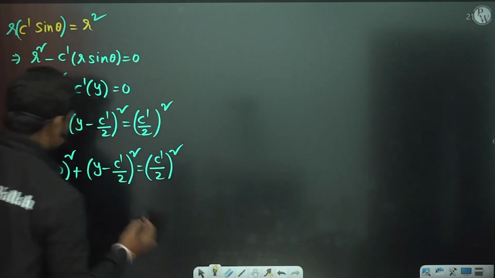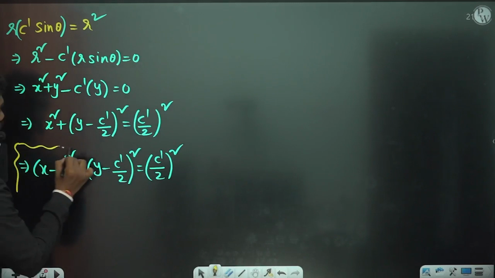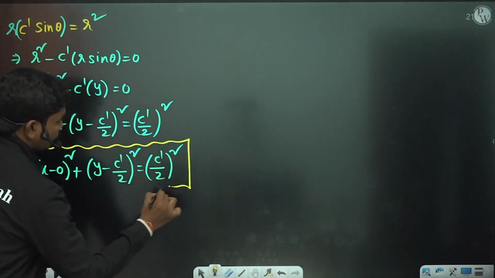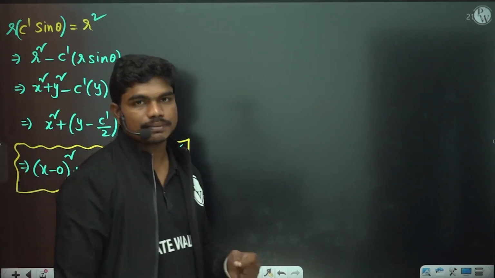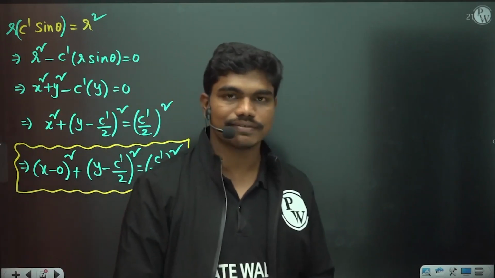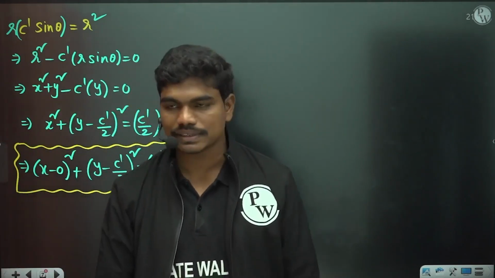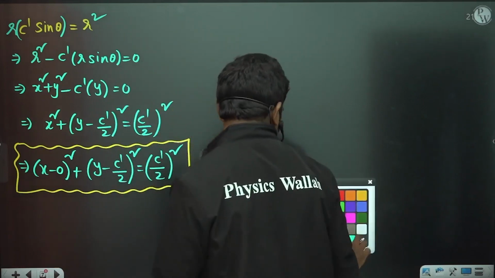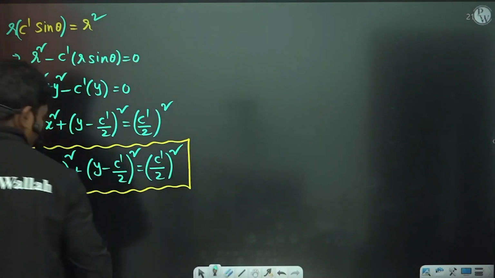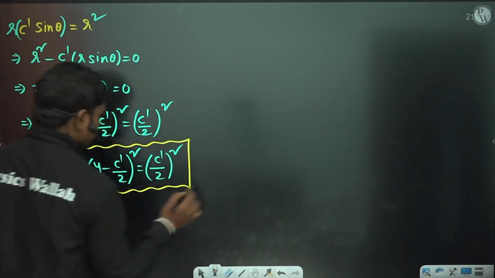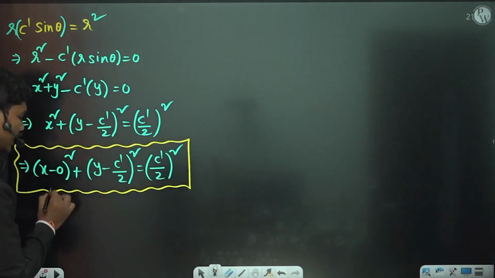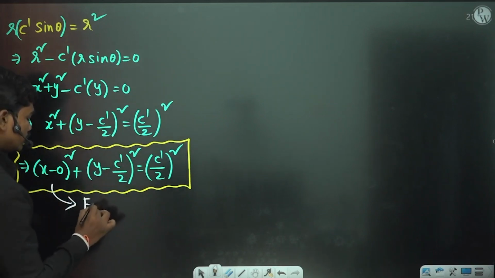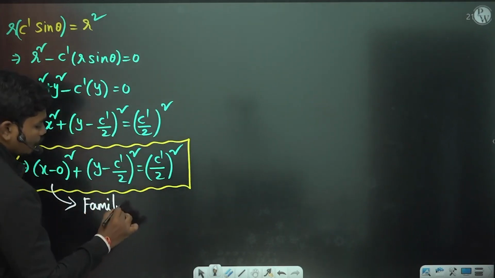Okay, so this is the case. So first thing, this is of the form x minus h whole square plus y minus k whole square is equal to some radius square. So that represents a circle. So this represents a family of circles, because c dash is constant, you can keep whatever value you want in place of c dash.